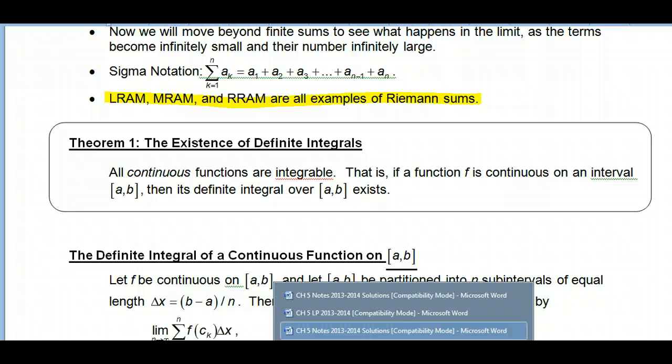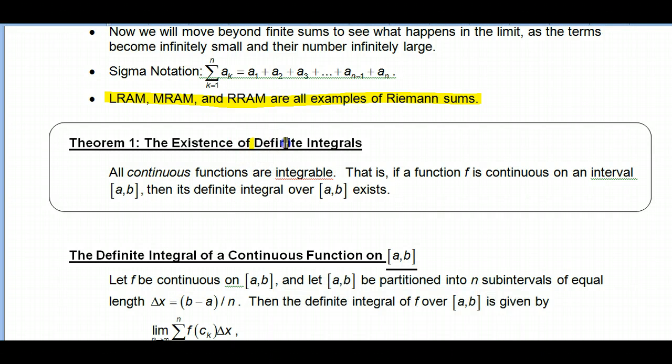So what we want to do in this lesson is figure out not just an approximation, but the exact area under the curve. To find a definite integral, number one, you want to look at continuous functions, and you have to have a closed interval.